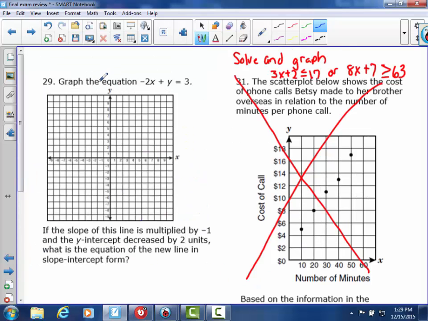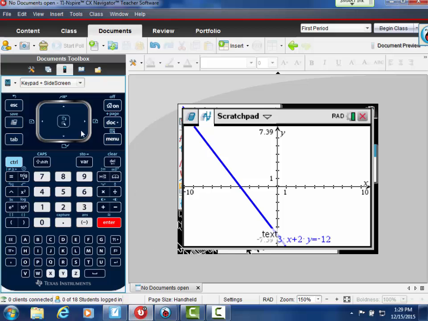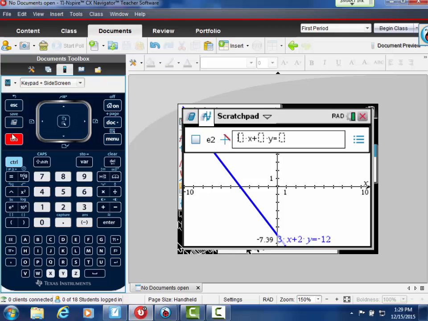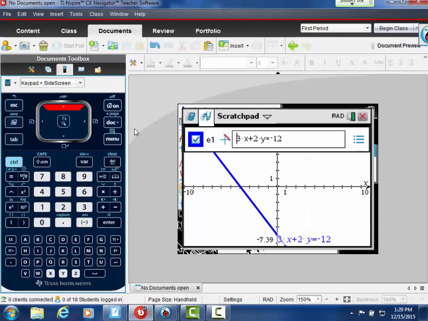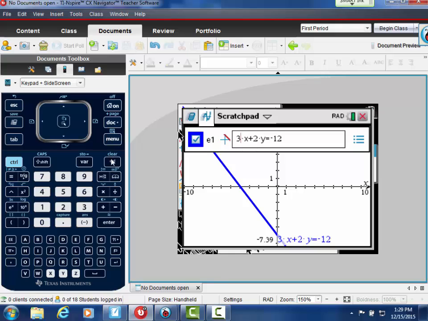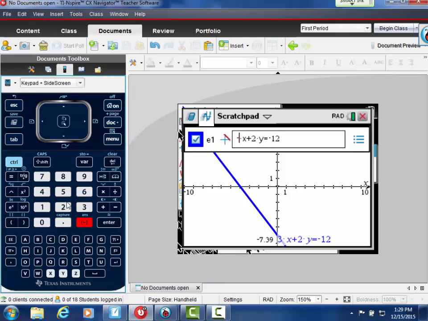Question 29, graph the equation. Okay, same thing. We use our calculator. Okay, I'm just going to hit tab and go up and change what I just had in there, which was -2x plus y equals 3. So that should be -2.